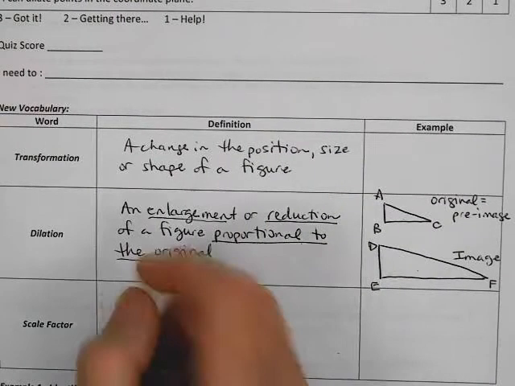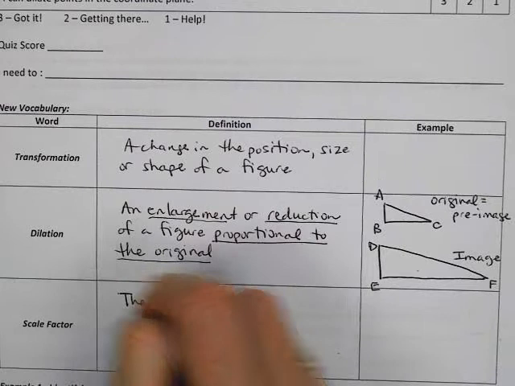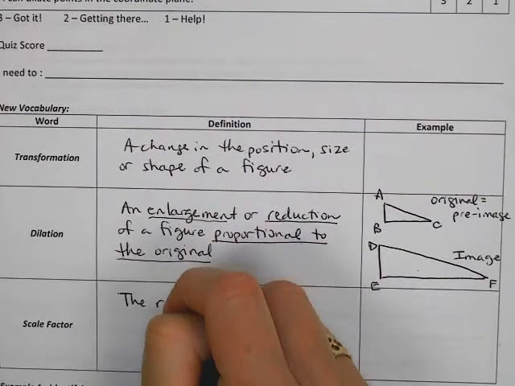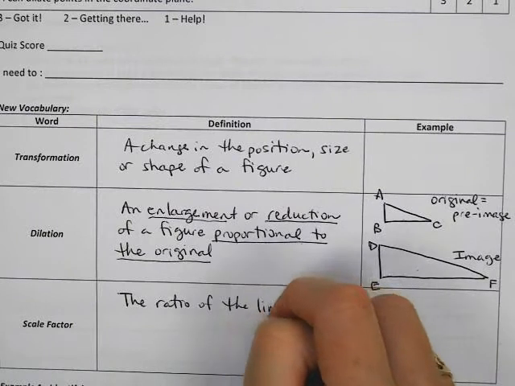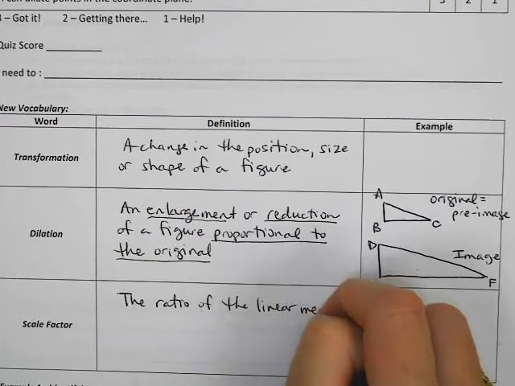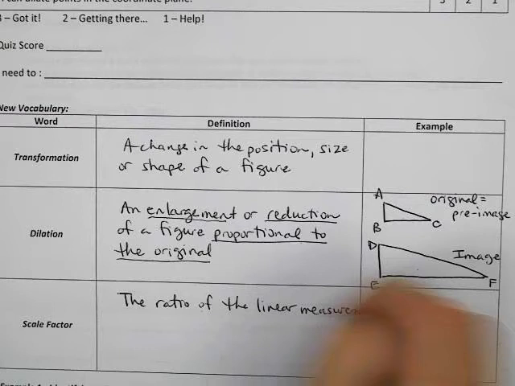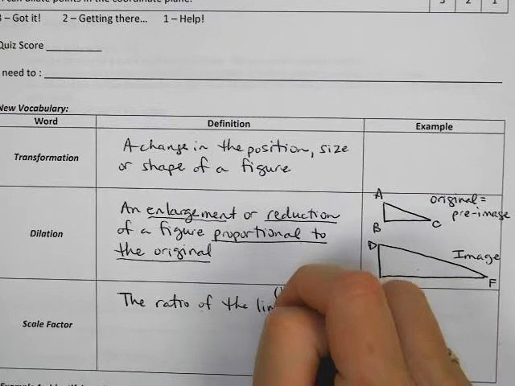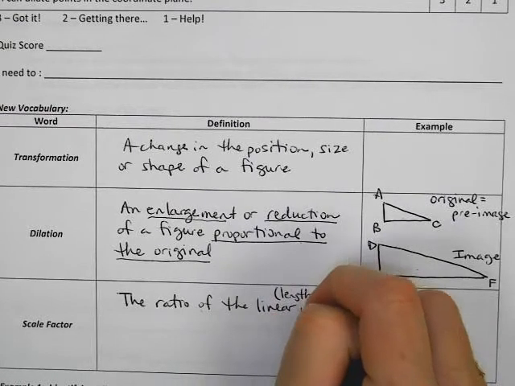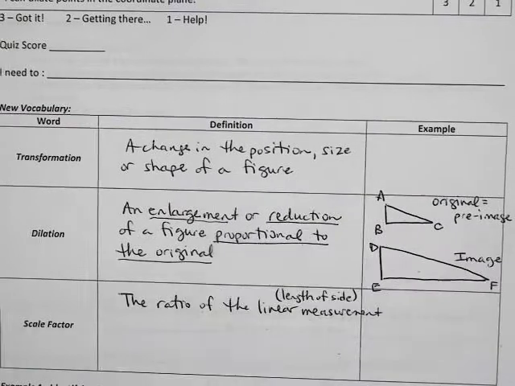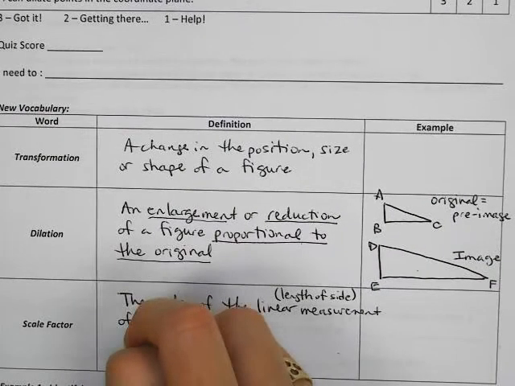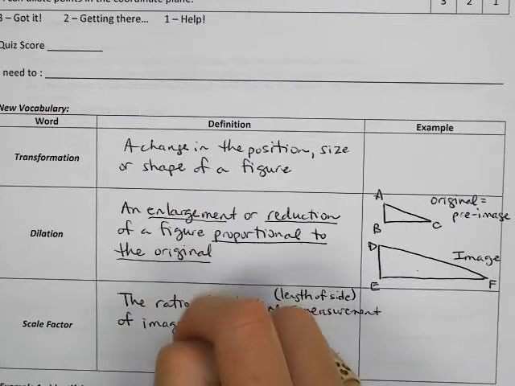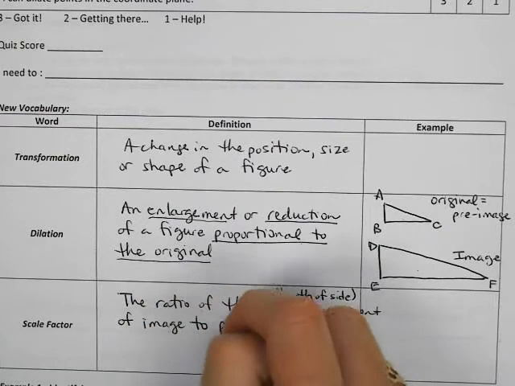So what the scale factor means, it is the ratio of the linear measurement, and by linear measurement, we could think of that as the length of a side. Linear meaning straight, linear measurement of the image to the pre-image.